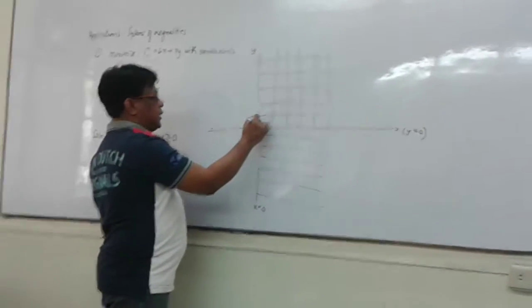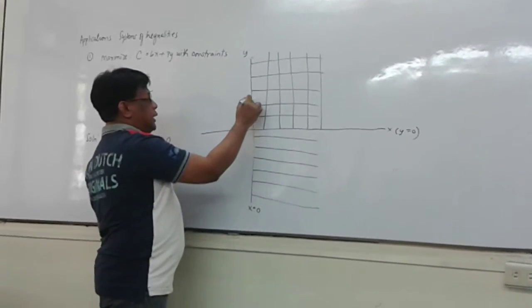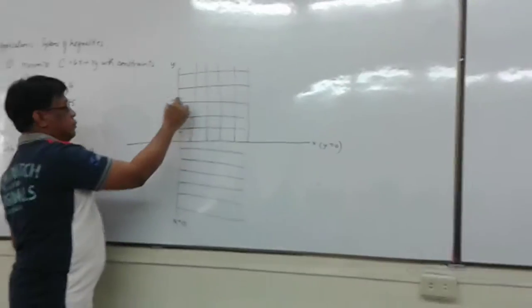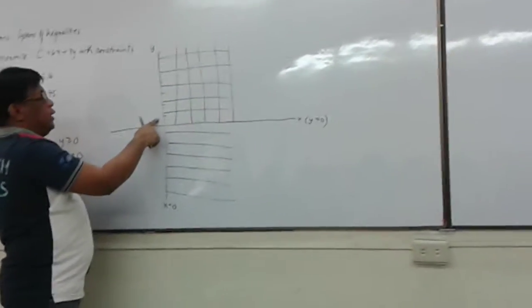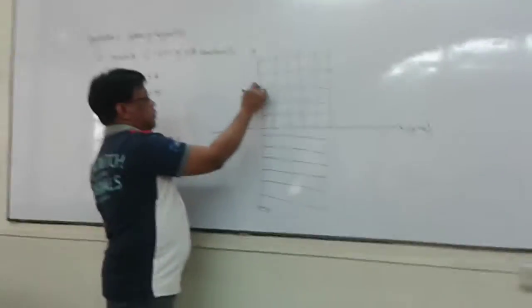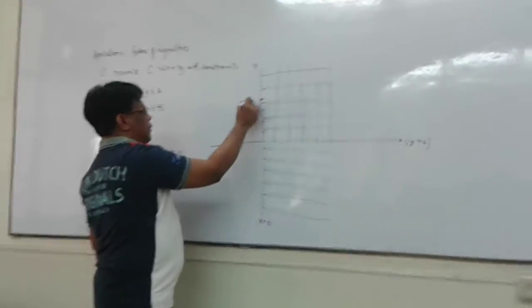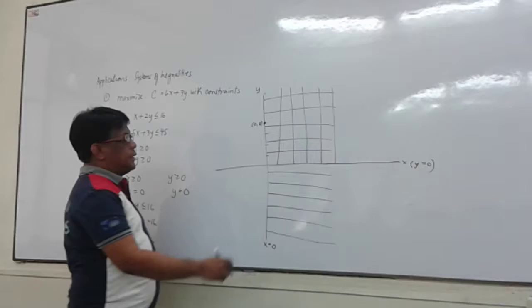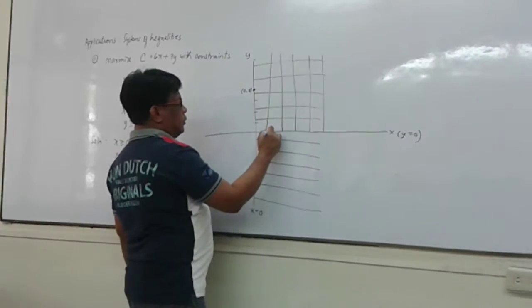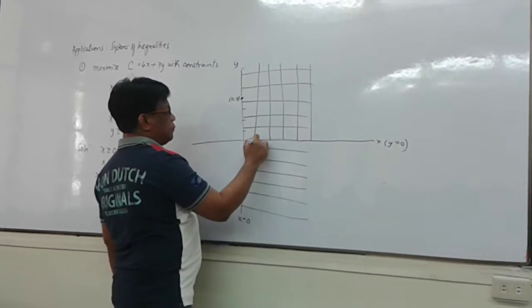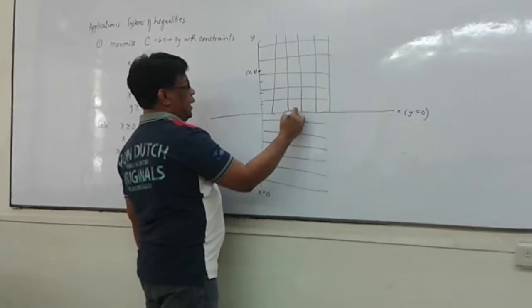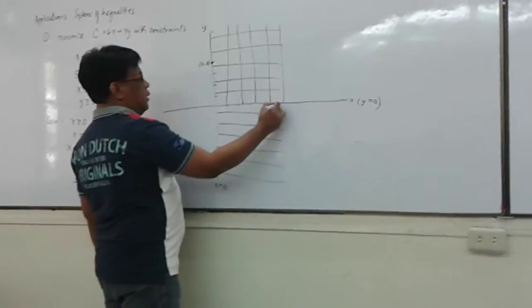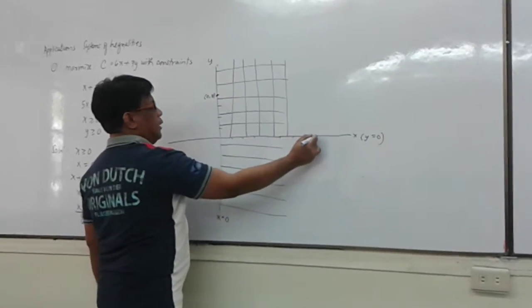Suppose each division represents 2 units. So this is now (0, 8), and then (16, 0). So 2, 4, 6, 8, 10, 12, 14, 16.